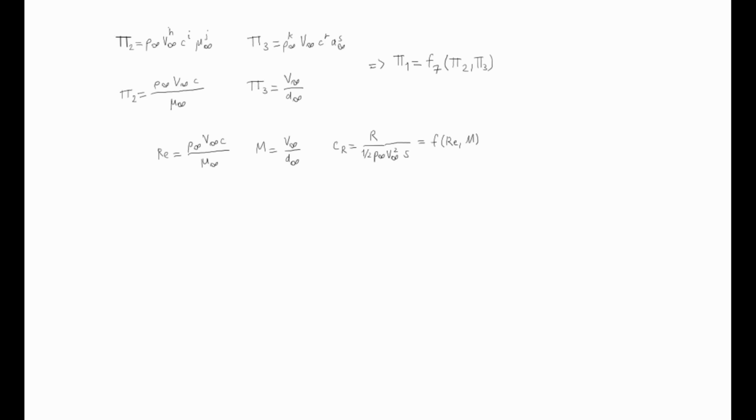We have derived the coefficient of force plus two more important quantities, including Reynolds number, which is basically a measure of the ratio of inertia forces to viscous forces in a flow. So it's essentially a measure of how turbulent a flow is.